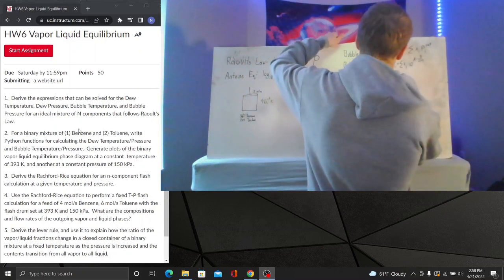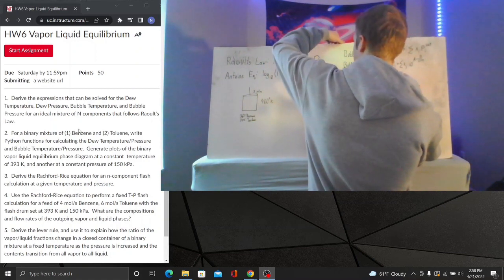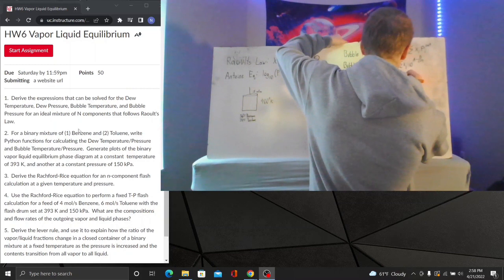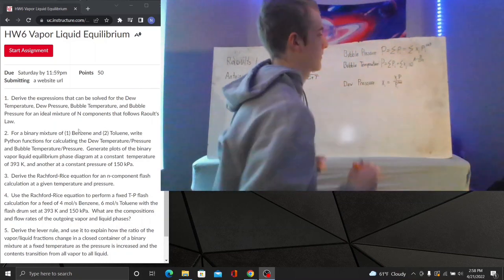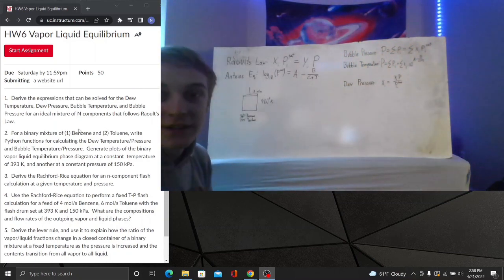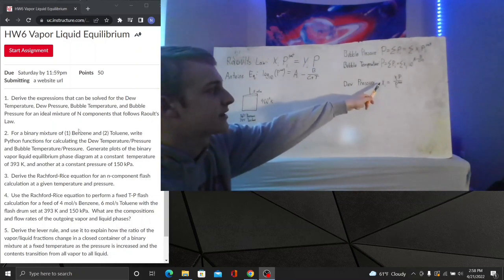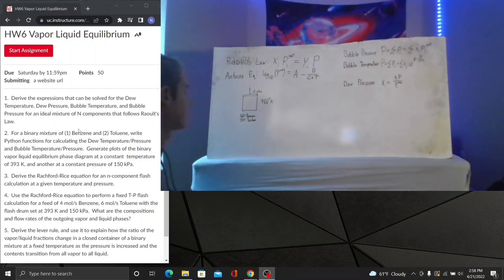So what that would be is just x_i equals y_i P over our pure saturation vapor pressure. And one thing that we need to remember is that the sum of our mole fractions x_i is going to be equal to 1, obviously, because they add up to 1.